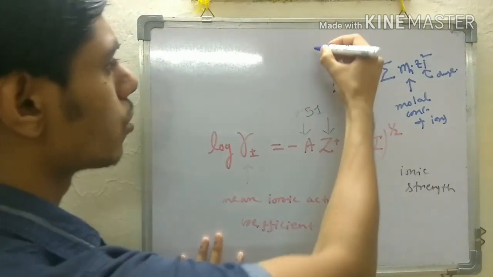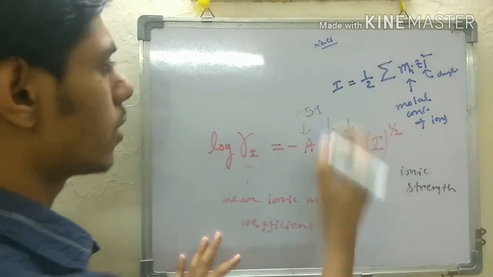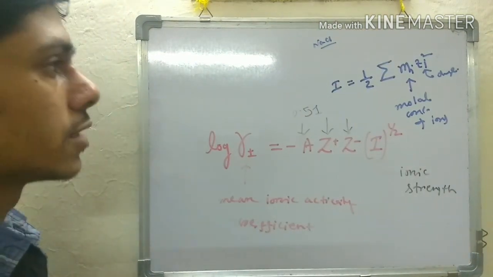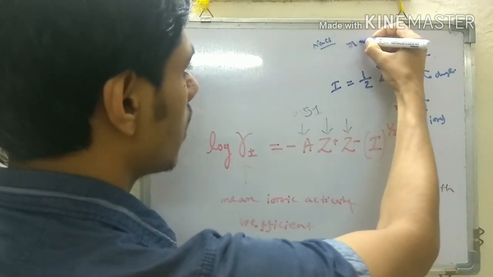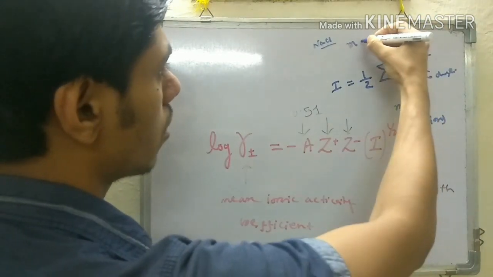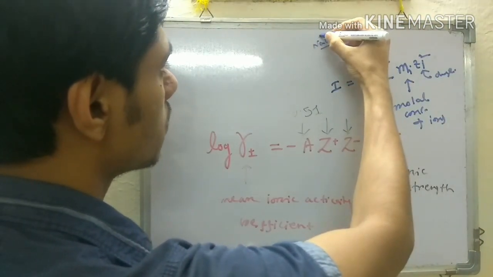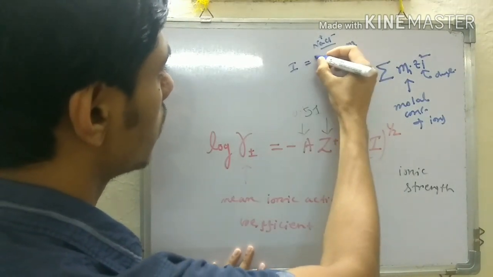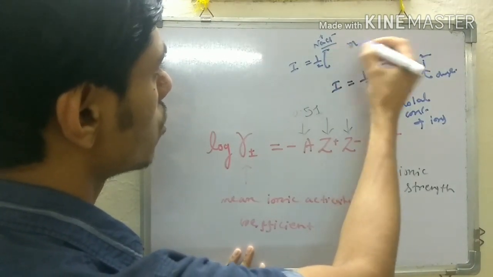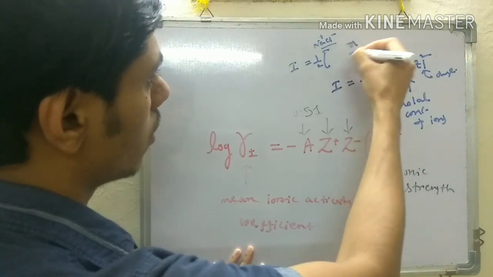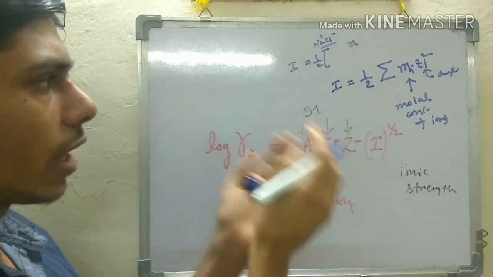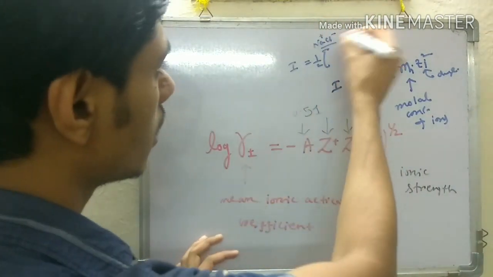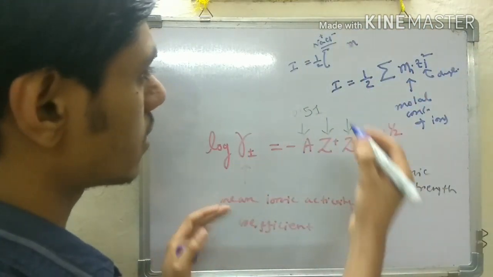So let's say we have sodium chloride solution, and let's say its molality is m, and the charges are plus and minus. When you calculate the ionic strength, it will be half into, since the overall molality of the solution is m, it will be the same for both Na plus and Cl minus.